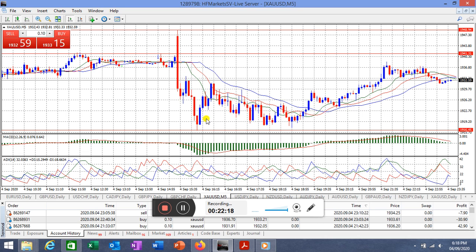But one of the things I've noticed is that oftentimes, if you have very large movements during a news, non-farm payroll or whatever it is, right? It generates some volatility. You can wait a little bit to watch if it's going to retrace itself.